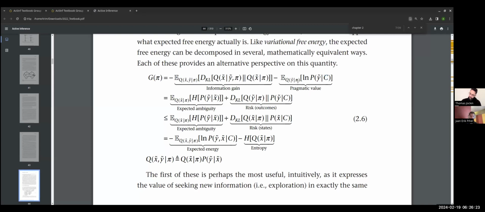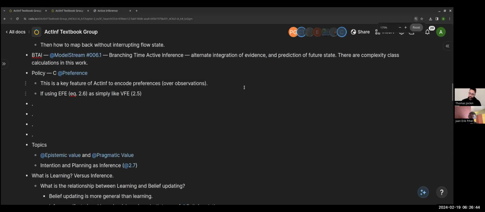That's the idea behind the encoding of the preferences. In some of the earlier papers of active inference, it's not incorporated into the equations, but in recent papers they tend to clearly distinguish this form of the free energy, namely the expected free energy, from the variational free energy by incorporating the pragmatic value explicitly as conditioned on a preference variable.